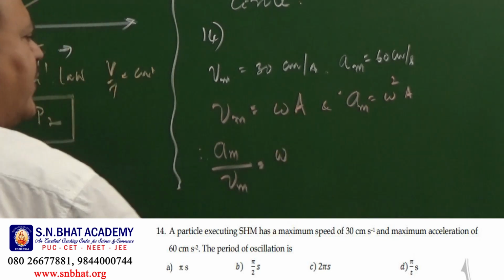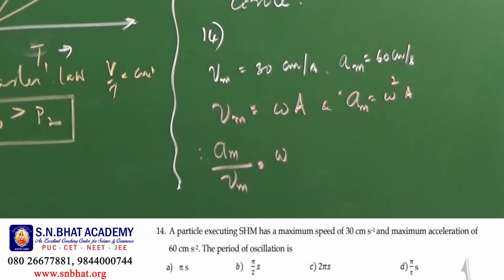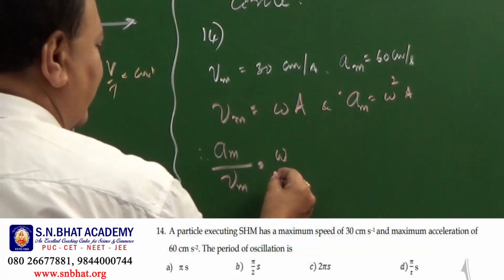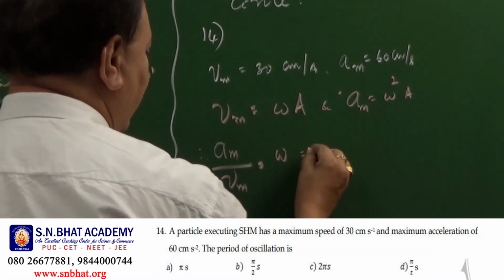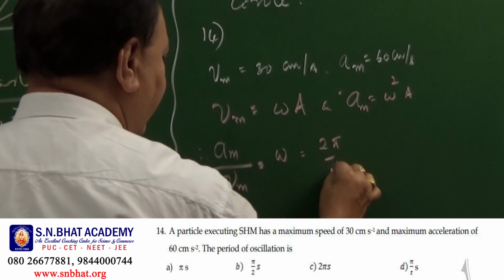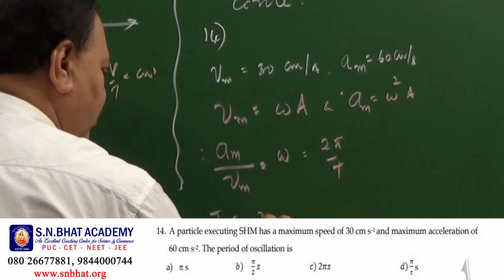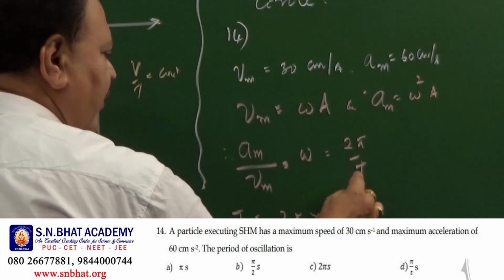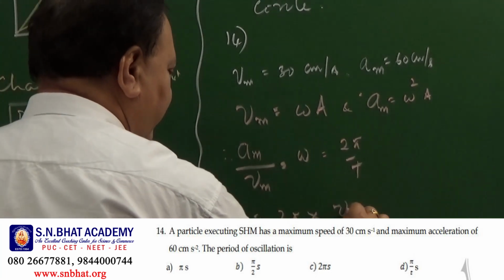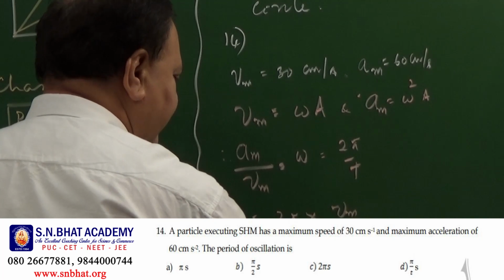Therefore, if you just work it out, this is equal to omega, and you know that omega is equal to 2 pi by T. What you need is T, so T is equal to 2 pi into V max by A max.